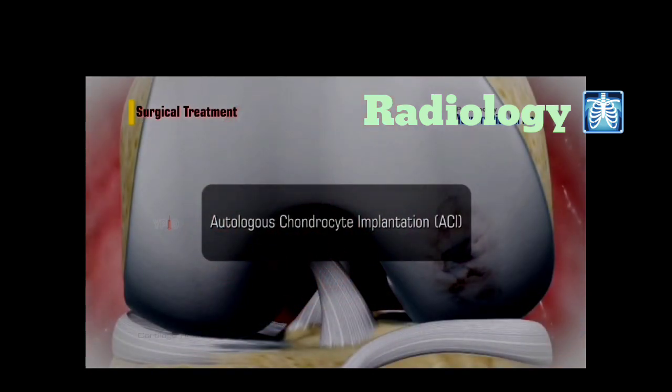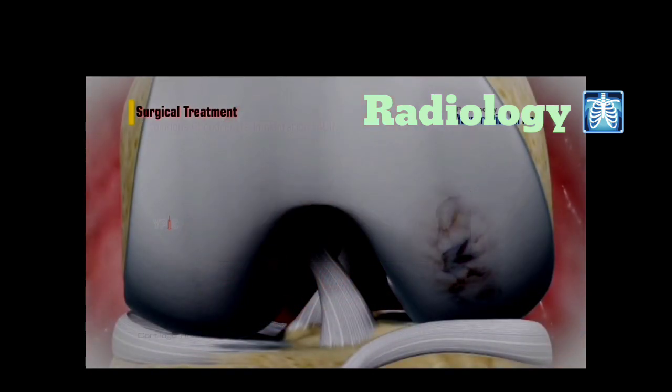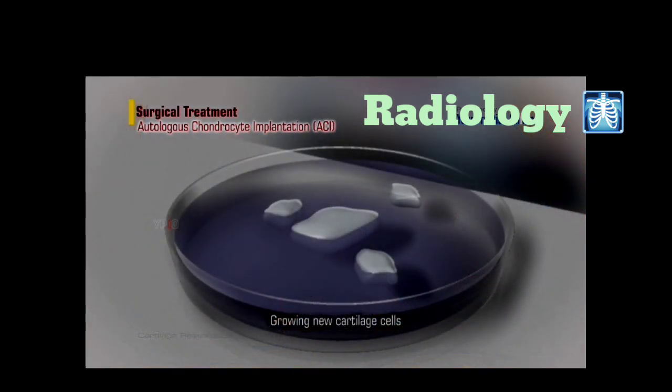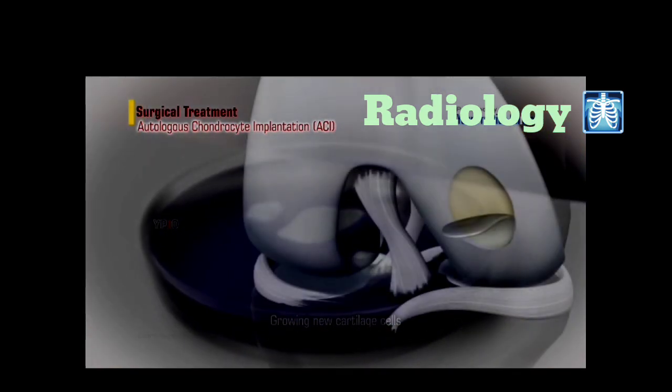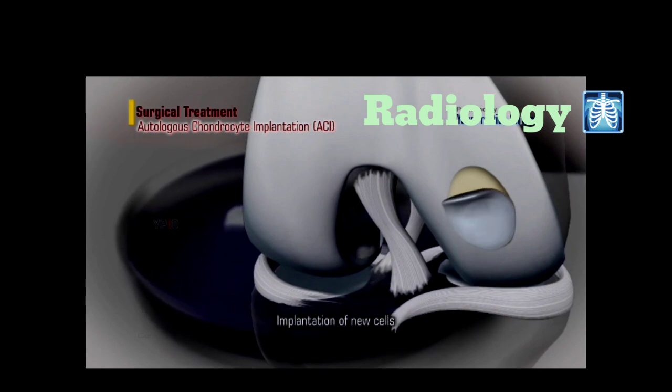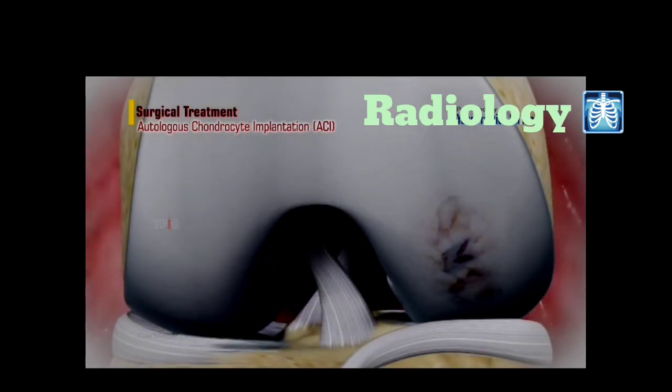Autologous chondrocyte implantation, ACI, is accomplished in 2 steps. The first step involves growing new cartilage cells followed by the implantation of these new cells into the defect.